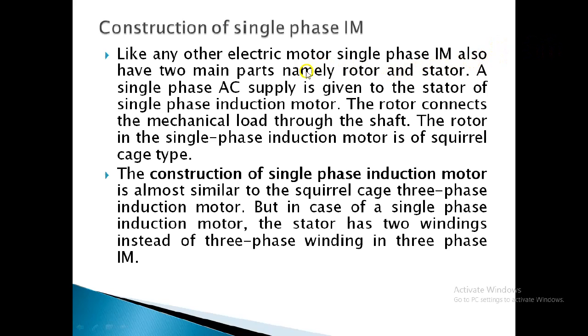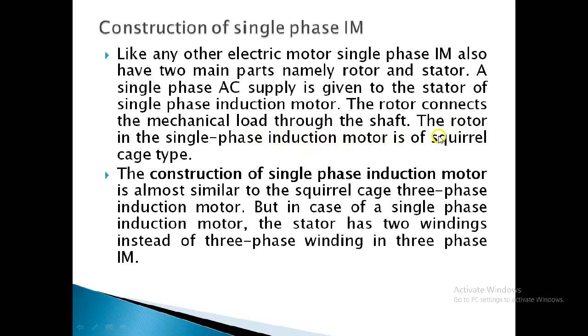A single phase AC supply is given to the stator. Stator consists of field winding and rotor consists of armature winding. The rotor is connected to the mechanical load through the shaft.